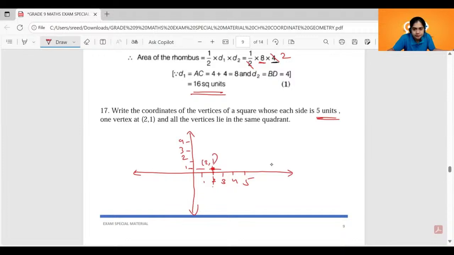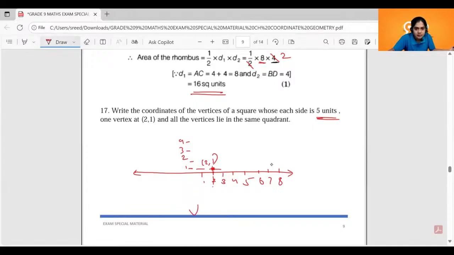I'm just extending it because you need that. Okay, so you got the point 2, 1.